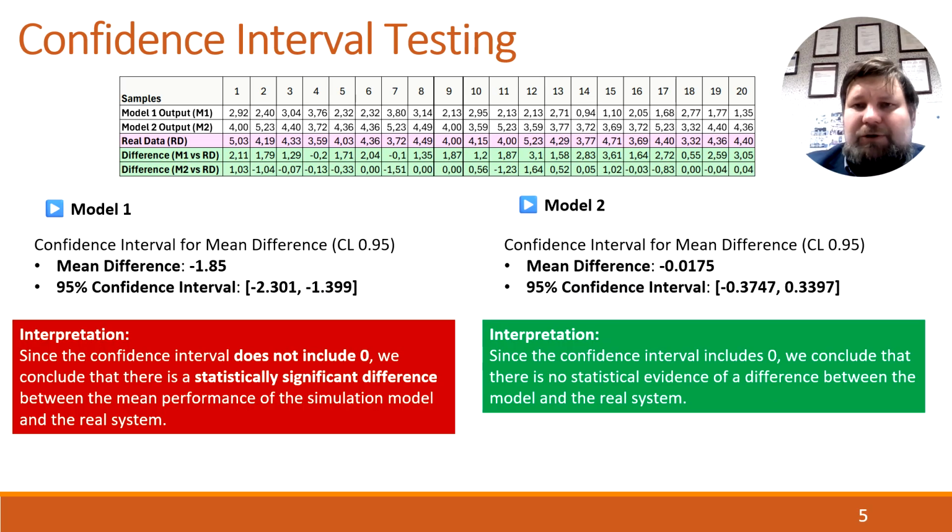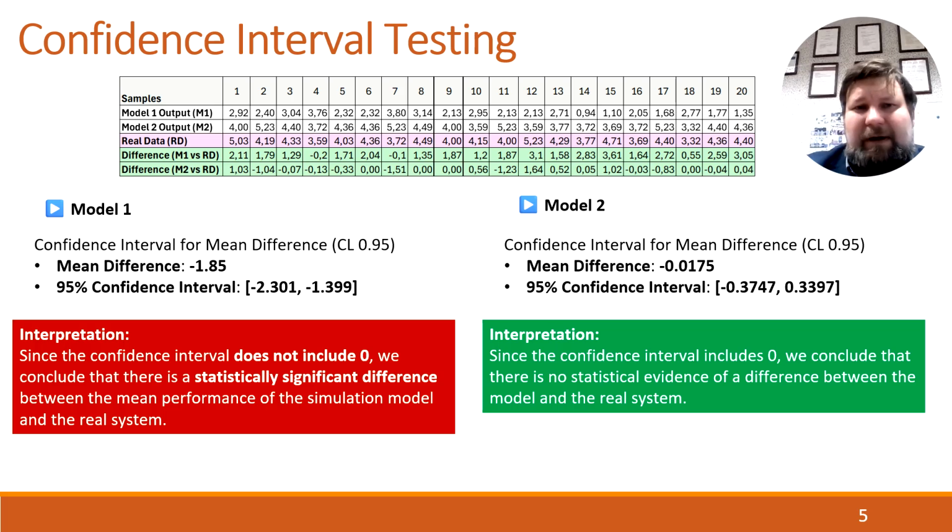So, a short numerical example regarding confidence interval testing. As you are able to see, we have two models, and we are going to apply confidence interval testing to both.